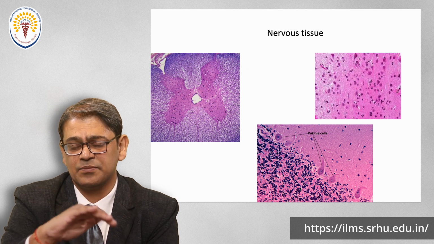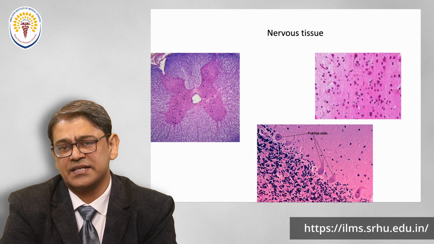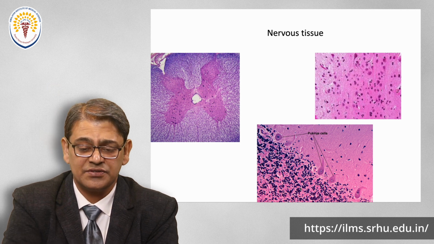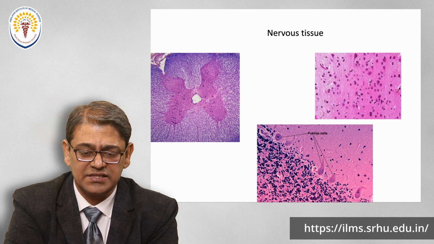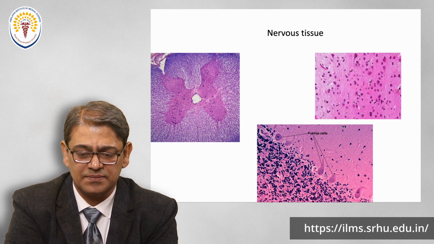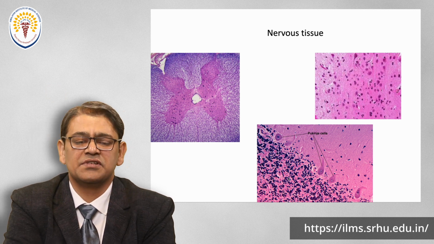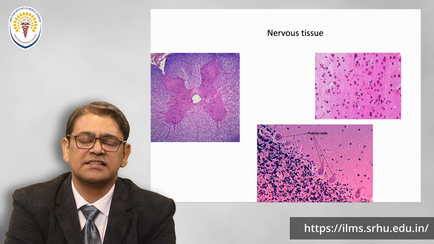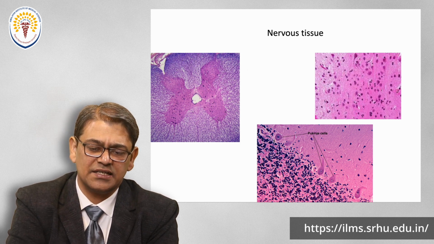At the junction they are present, and that is undoubtedly a slide of the cerebellum. Other neurons and pyramidal cells are also present, but analyzing them is beyond the scope of this video.